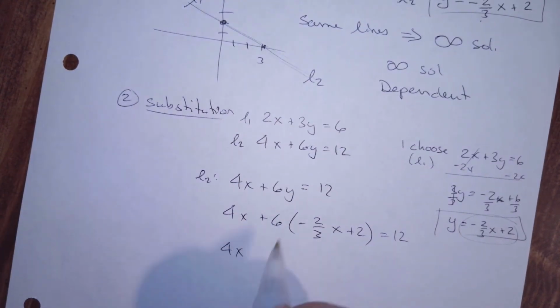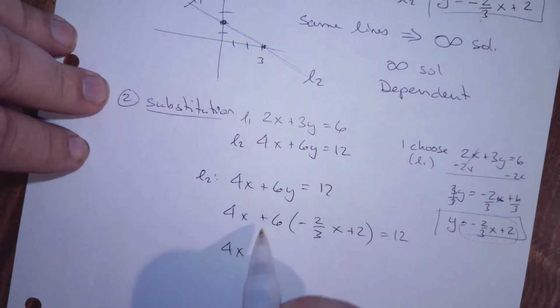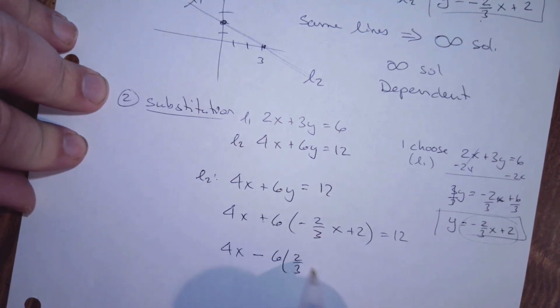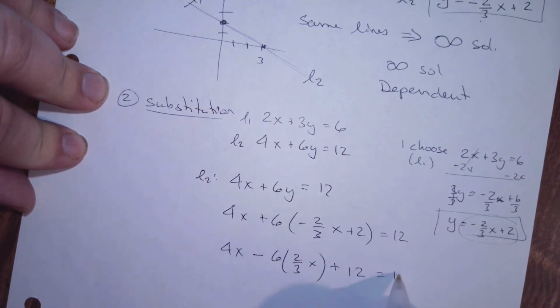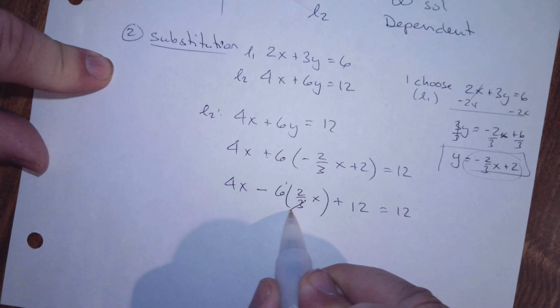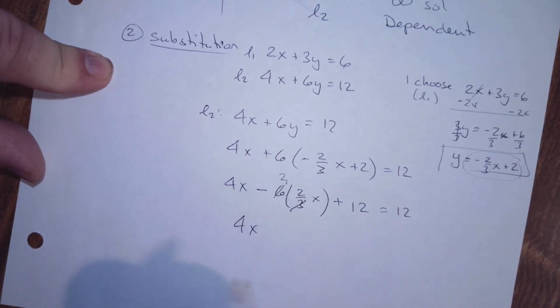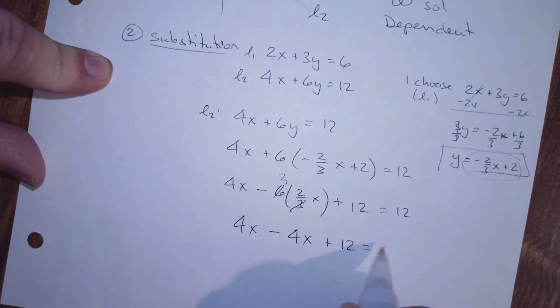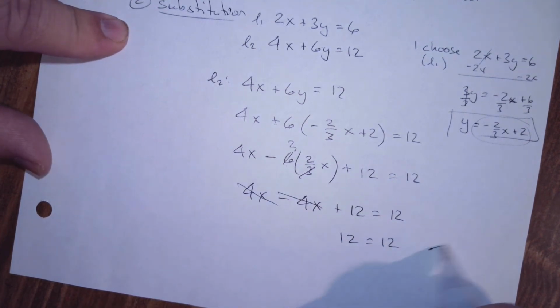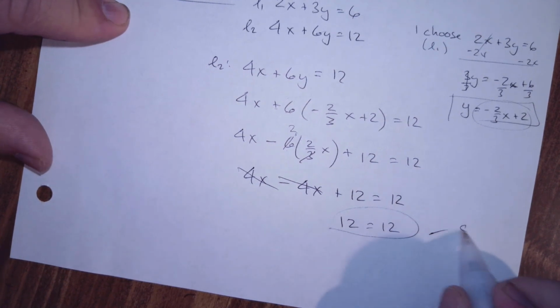Distribute. 6 times negative 2 over 3 x: negative and positive is negative. 6 times 2 is 12. 3 goes into 6 twice, so negative 2 times 2 is negative 4x. 4x minus 4x is 0, so 12 equals 12. The only way that's true is if they're the same line.